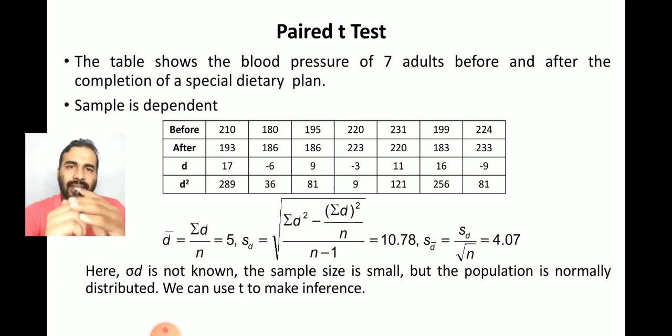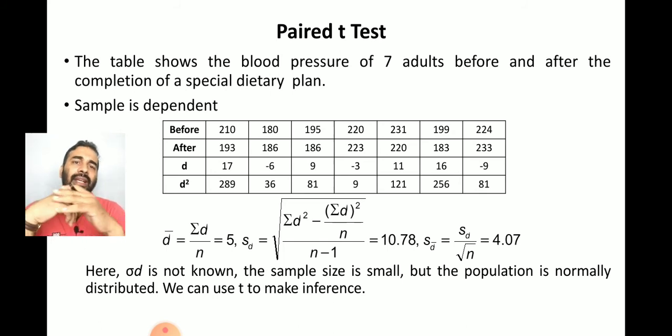Then we want to find d bar, the average difference, so sigma d divided by n. You add all of these: 17 plus 9 plus 11 plus 16 minus 6 minus 3 and minus 9.